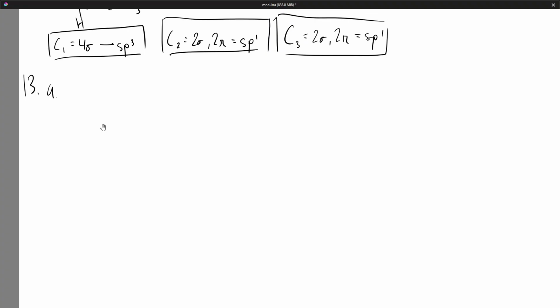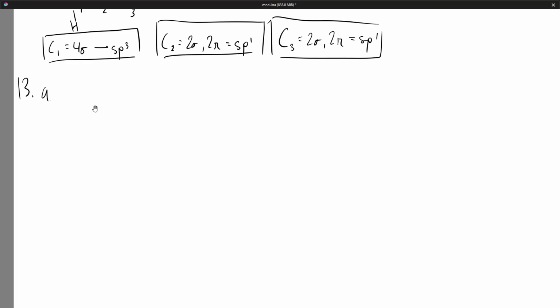Okay. So for the first one, 1-iodopropane. The iodo means there's an iodine present somewhere. The 1 dash means it's present at the first branch of the molecule. The prop means there's a 3 carbon backbone.